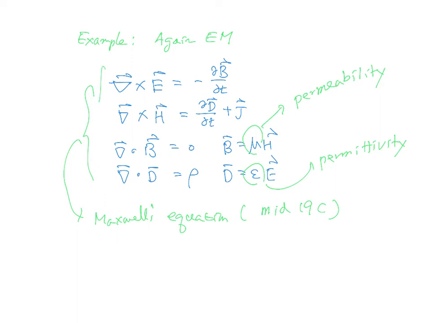The first equation is very important. It's called Faraday's law. Faraday's law says that changing the magnetic flux produces an electric field.